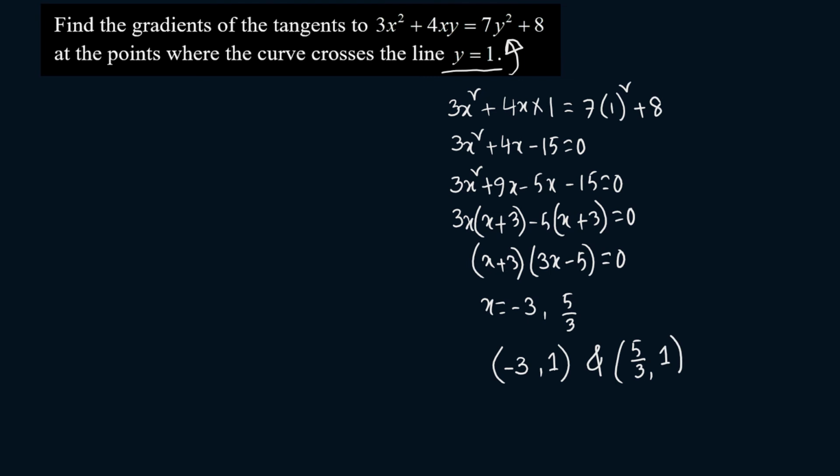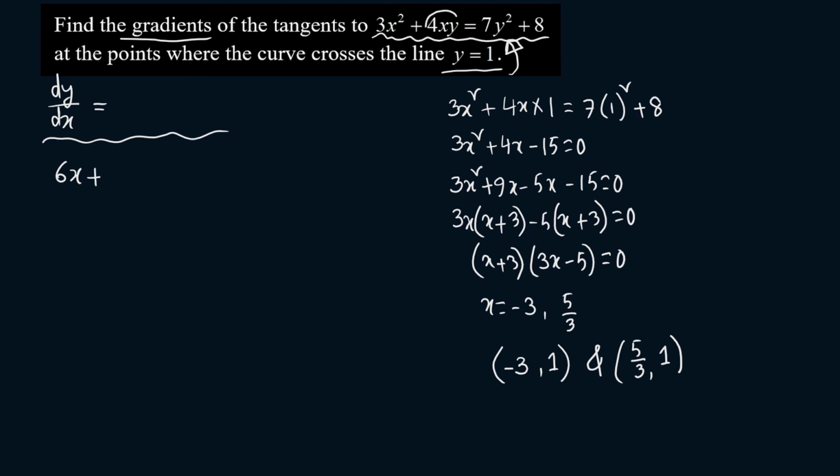Now we are going to find out the gradient. We know that the gradient is always dy by dx, dy by dx we needed to find out. So here the expression is again one implicit function. We are going to apply here the differentiation. So if we apply differentiation here, it gives us 6x, then 4xy.